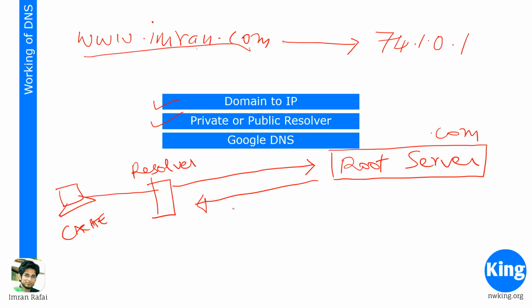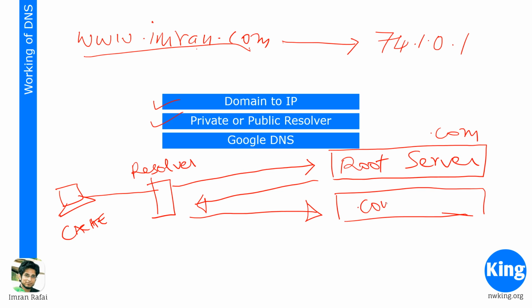So it will give you that IP address for the TLD server, right? Then the resolver will contact the TLD server. This is the .com TLD, right? So this says, I don't know where imran.com is, but I know what the authoritative name server for imran.com is, and it would send that back here, right?